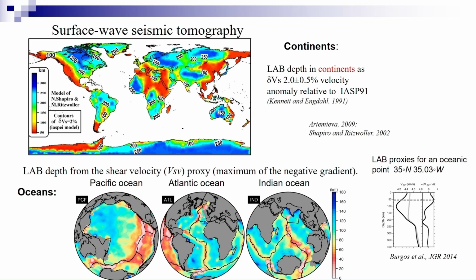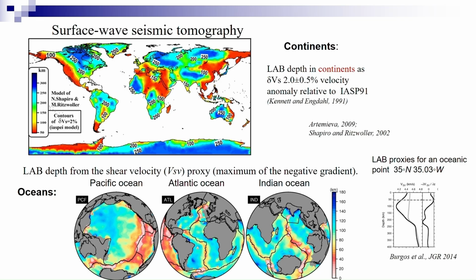These are LAB models from shear velocities of surface waves both beneath the continents, upper figure, and oceans, figures in the bottom. Beneath the continents, the LAB is set as 2% positive velocity anomaly relative to the IASP-91 radial velocity model.